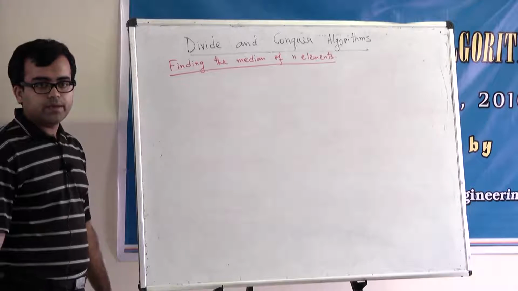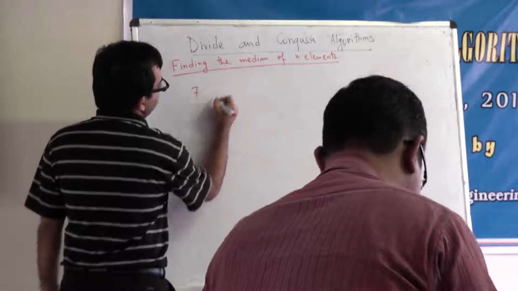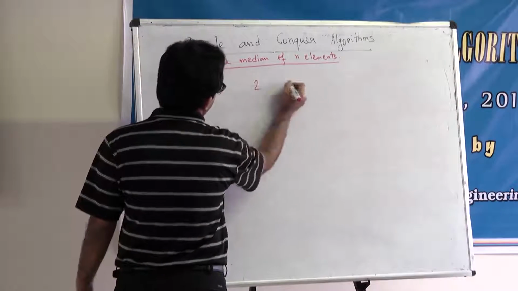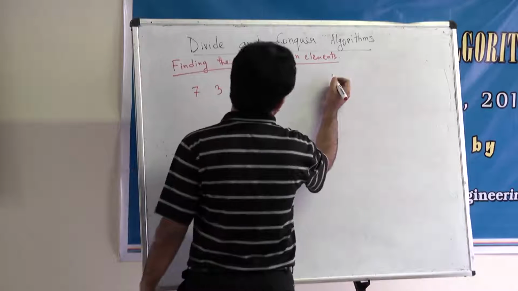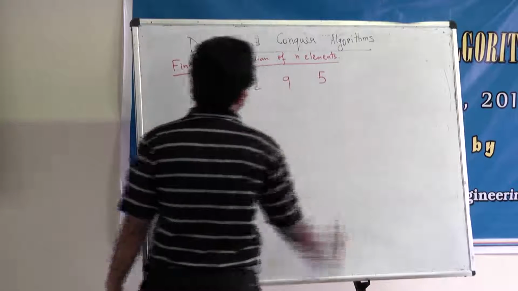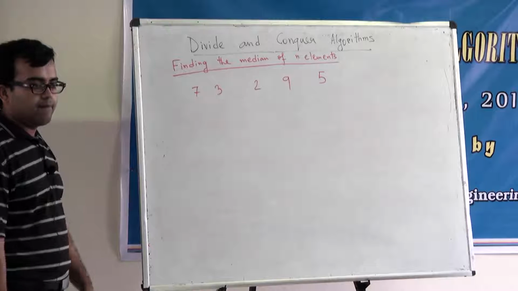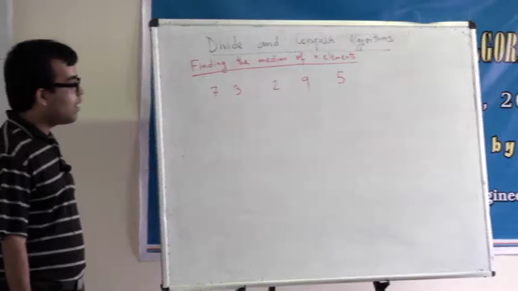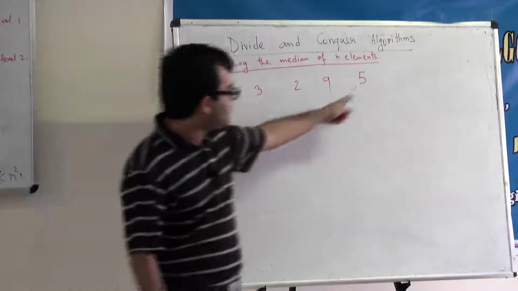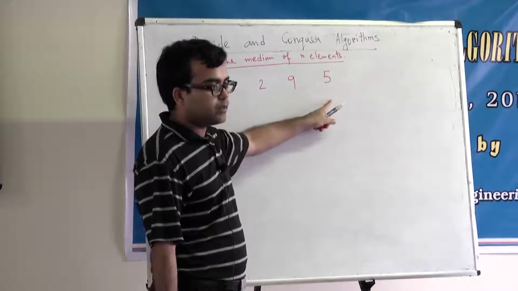Yeah, the number in the middle, right? So for example, suppose n is odd. Say I write 7, 3, 2, 9, say 5. So there are 5 numbers. What is the median? No, no, no. First number plus last number divided by 2 will be 6 here, right? That's not going to be the median.